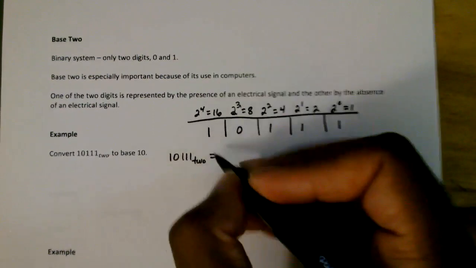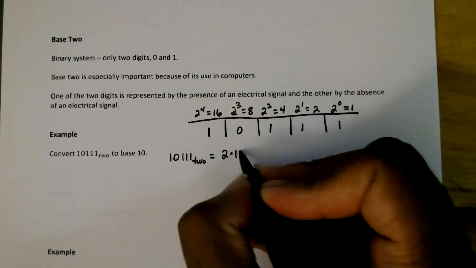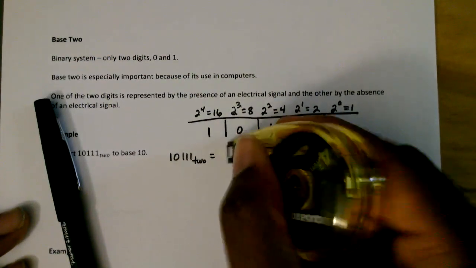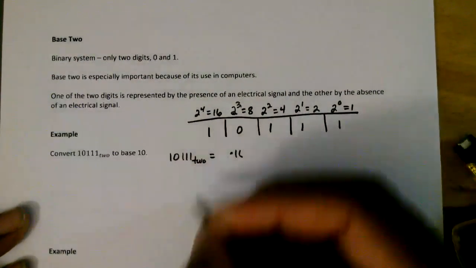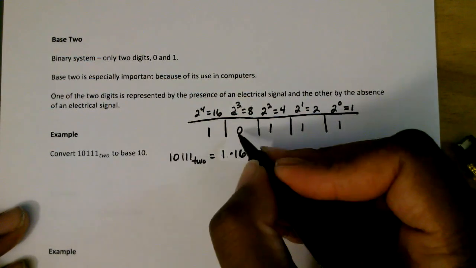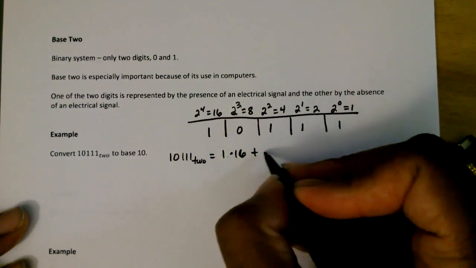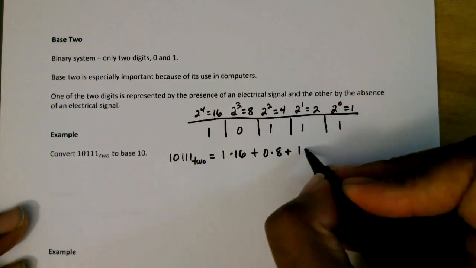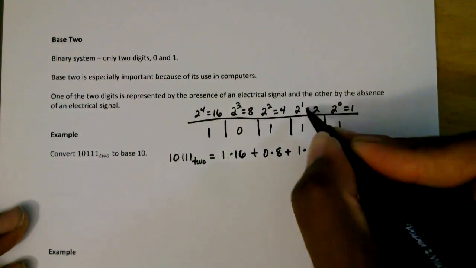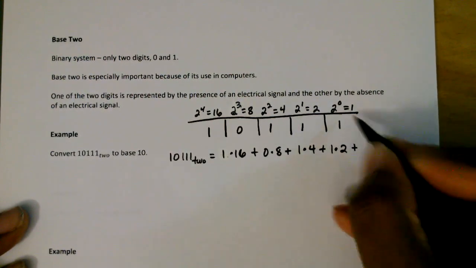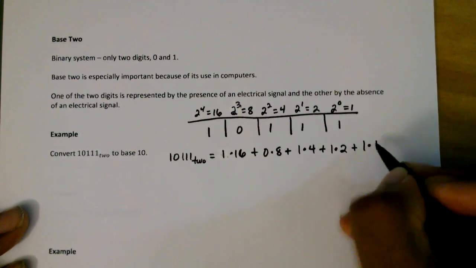Then that 1 would be multiplied by 16. Not 2, 1. It's either a 1 or a 0. 1 is multiplied by 16. This 0 would be multiplied by 8. The 1 would be multiplied by 4. This one is multiplied by 2. And finally, the 1 would be multiplied by 1.